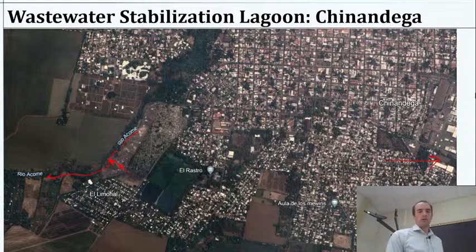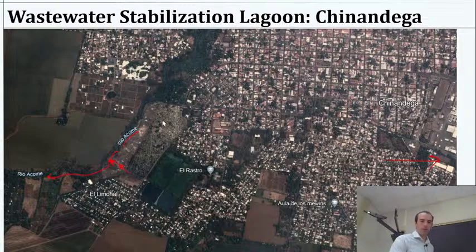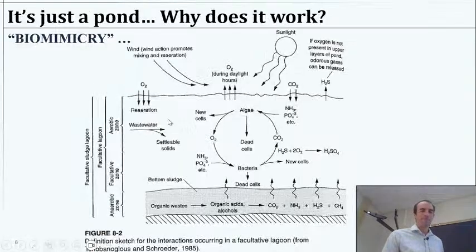Chinandega does, and that's the treatment it's receiving. Even just looking at it right here and now, you notice there's not a whole lot of infrastructure there, aside from the couple ponds. So the level of treatment is perhaps questionable there. It is for sure questionable, we'll say.